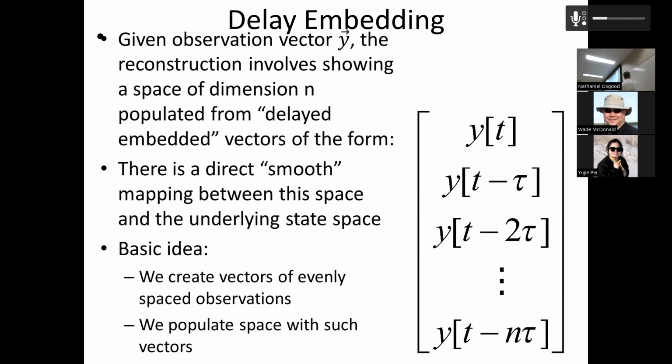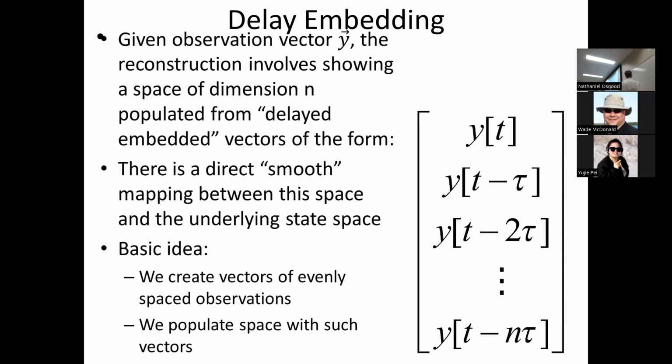The vector would have 3 components. N is 2, so we have n plus 1 components here. What we have is 3 values: the value from that day, y of t minus 1, and y of t minus 2. And we do this for each day.